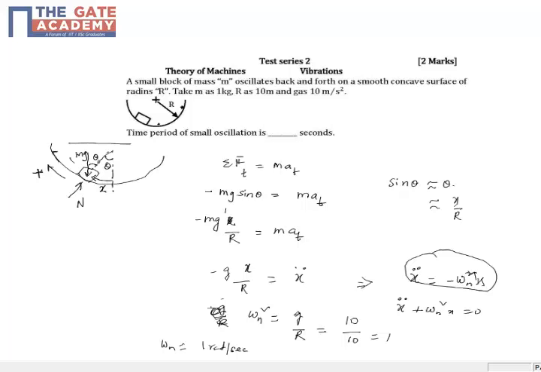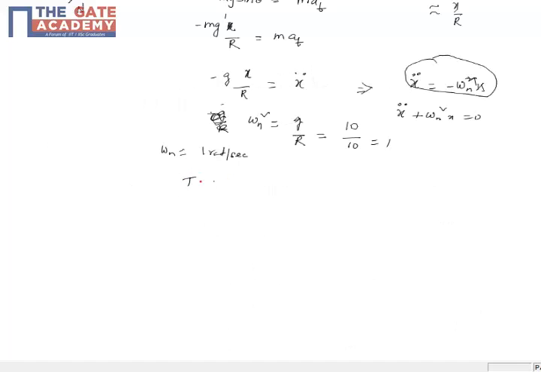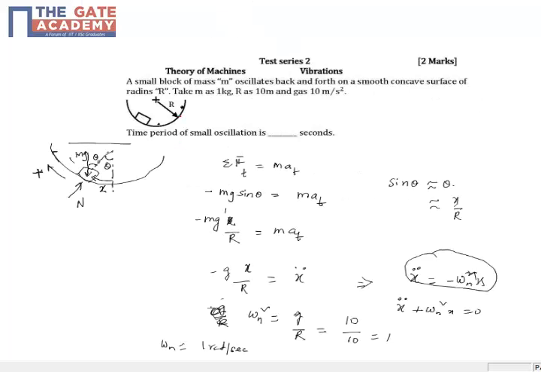The time period is 2 pi by omega n, which is 2 into 3.14158, so 6.28 seconds. So for one oscillation it takes 6.28 seconds. This is a standard way of doing any problem of simple harmonic motion.